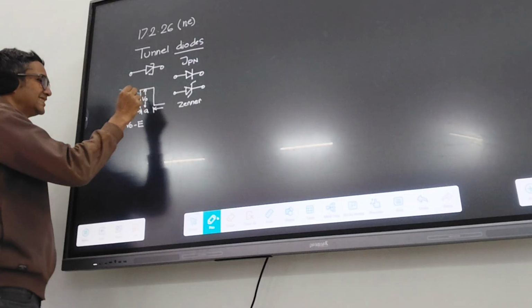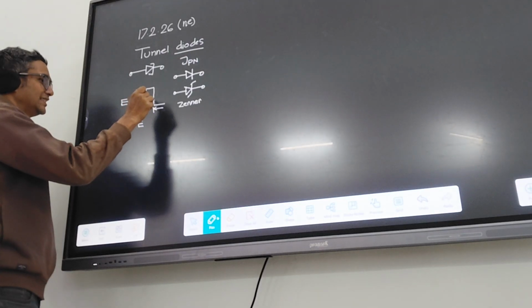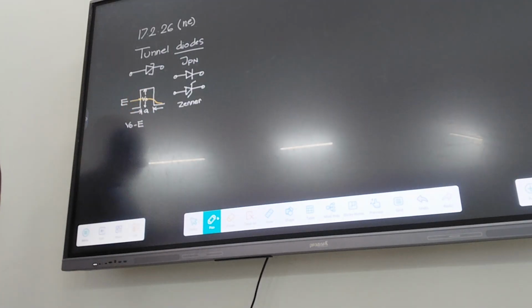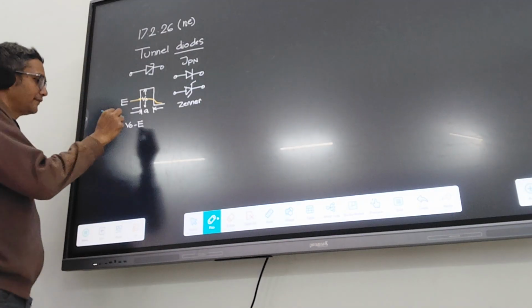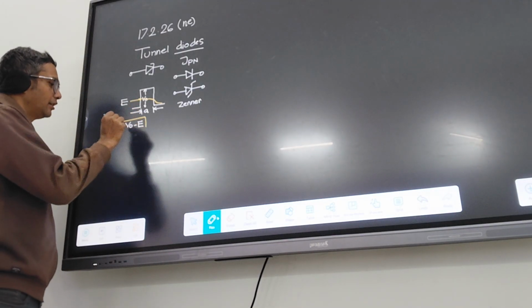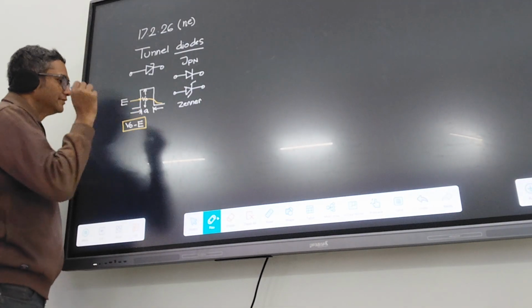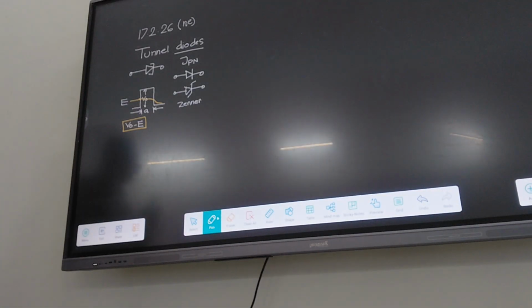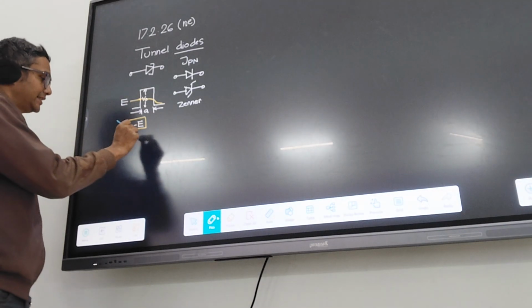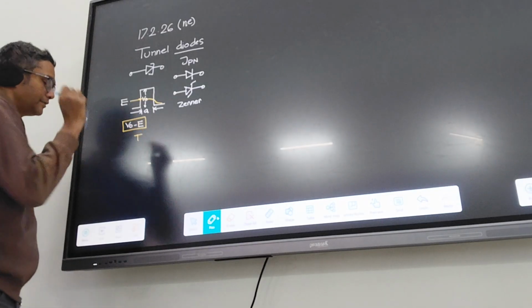Electron can tunnel through the barrier. Tunneling. Even if the energy of the electron is less than the barrier. This is tunneling, a quantum mechanics phenomenon. And this is the tunneling probability.